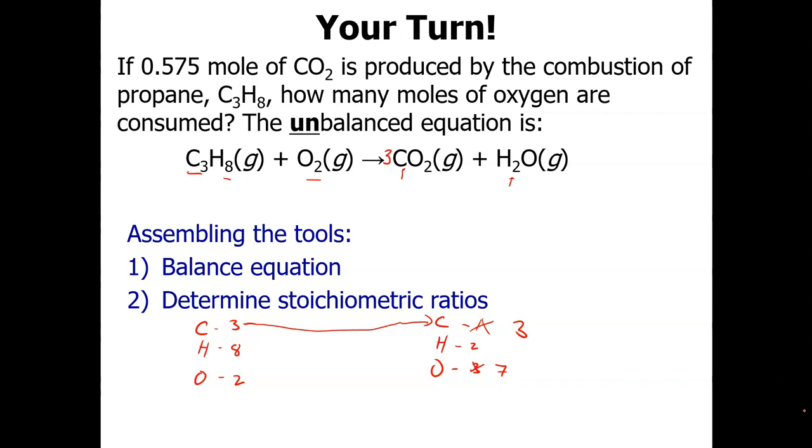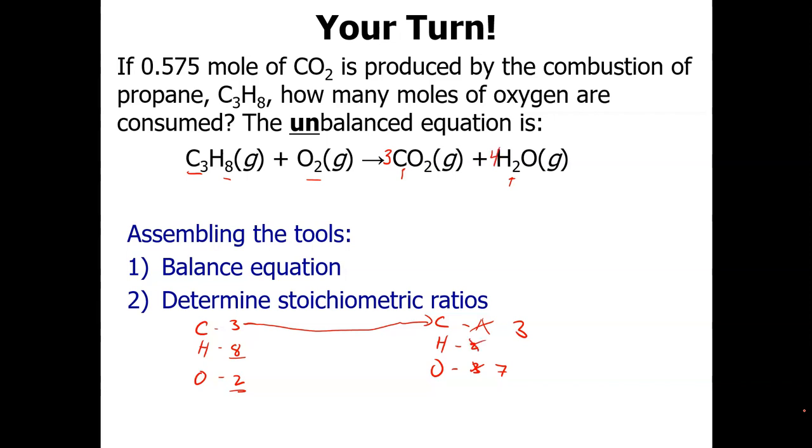Now I'm going to have to multiply something else here. Let's start with this group. If we want to get the hydrogens up to 8 on both sides, we're going to have to multiply by 4 here.